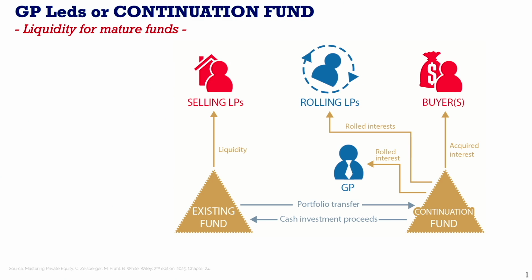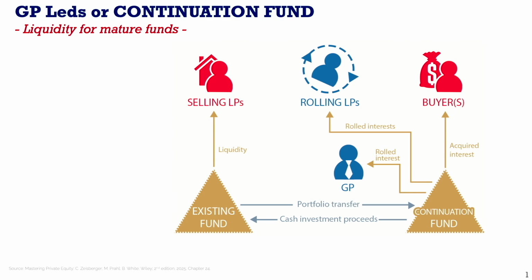So what we are doing now, we're setting up a continuation fund on the right-hand side. That means the continuation fund will acquire the remaining assets from the existing fund. Now, how has the continuation fund raised money?